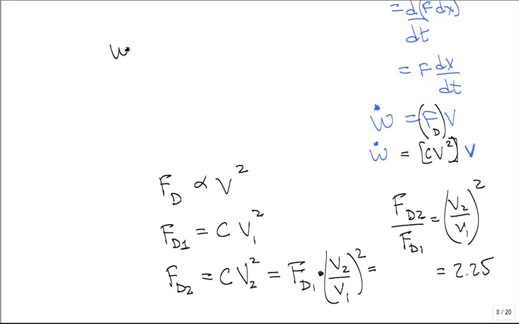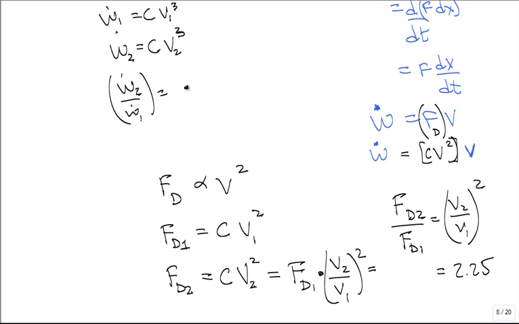So the power for the second case going 90 miles an hour is the same type of constant times the speed cubed, versus the first case when you're going 60 miles an hour, the same constant. That's cubed, sorry, cubed. So we get the power increase is equal to v2 over v1 cubed. Do the same 90 mile an hour versus 60 mile an hour, but cube it instead of square it. What number do you get? 3.375.